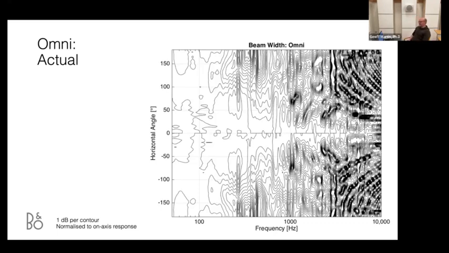You can see here that it's not omnidirectional, and there was never any real intention to make an omnidirectional speaker. This is more a background music party mode for what is basically intended to be a narrow or wide speaker. And so you can see here, of course, there's an enormous amount of lobing going on from about 5 kilohertz and up.